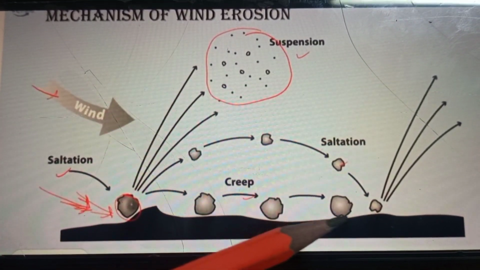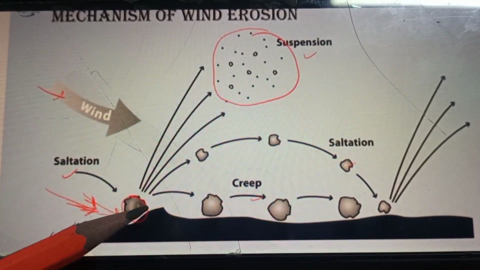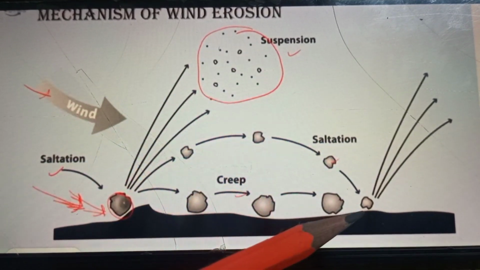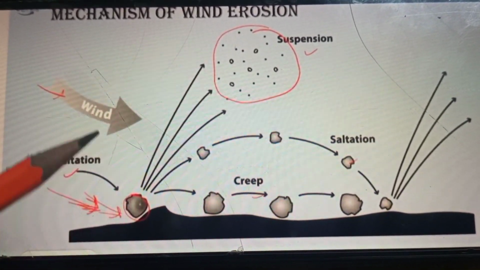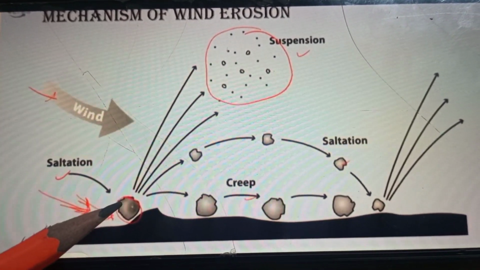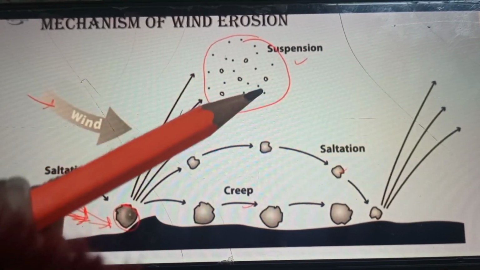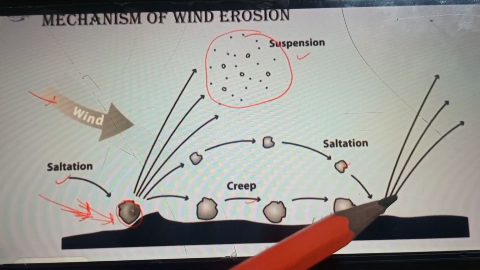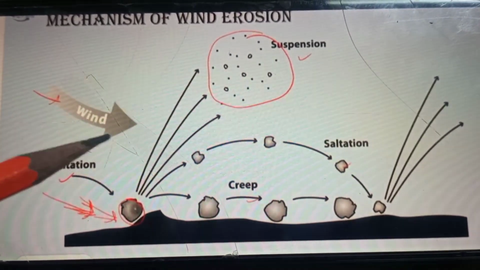As you have seen on this side, this rock particle is moving from one place to another by creeping along the land. And here we have seen that when the wind strikes this rock particle, it breaks down into smaller pieces, which are suspended in the air and move from one place to another. So this is the way wind erosion occurs.